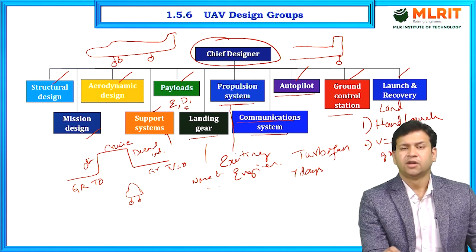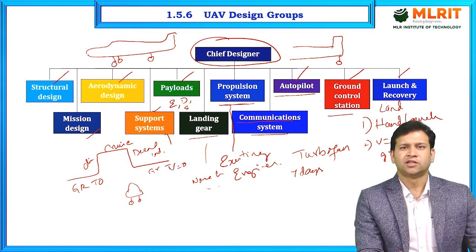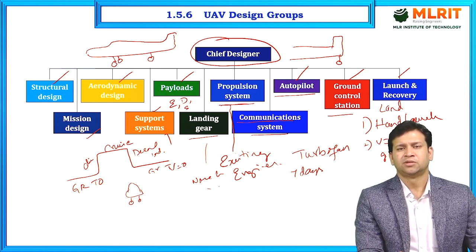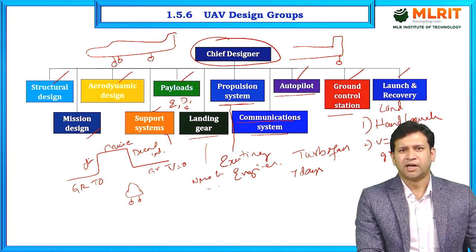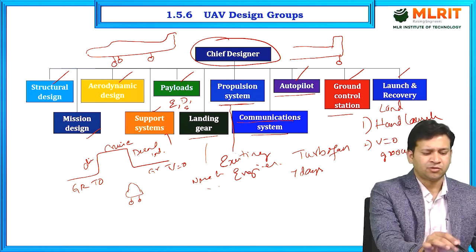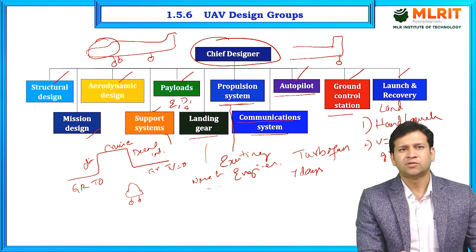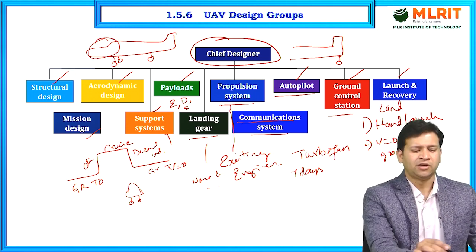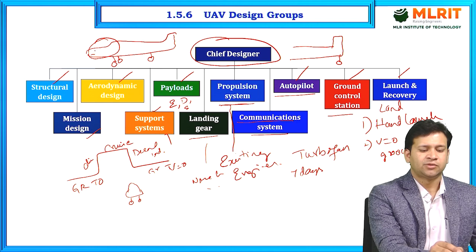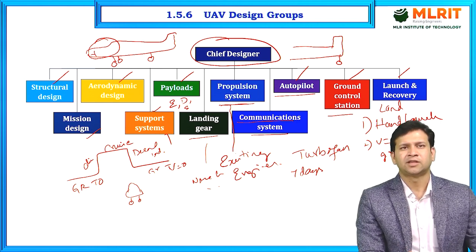Then we have communication systems like transponders, radios, radar, antenna. These all will be installed. Suppose this is your unmanned air vehicle, for example. So it all will be installed here. This radar is placed as much as possible here so that it has a clear sight for the communication with respect to the radar.